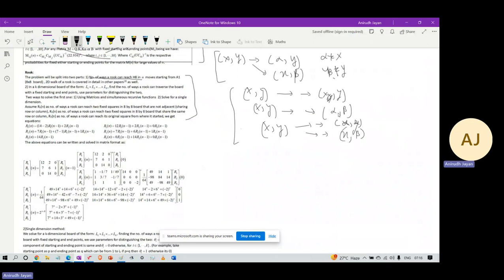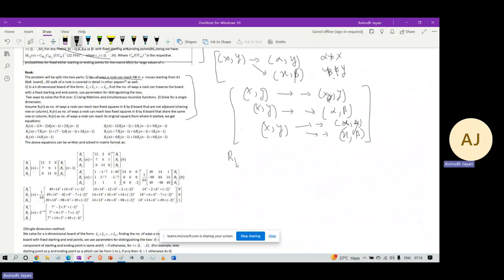These are the four possibilities after a set of moves. Either the x component will change, y component will change, or neither of them will change, or both of them will change. These are the four possibilities.